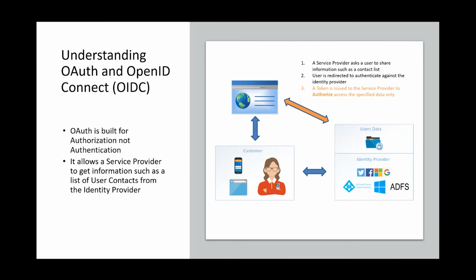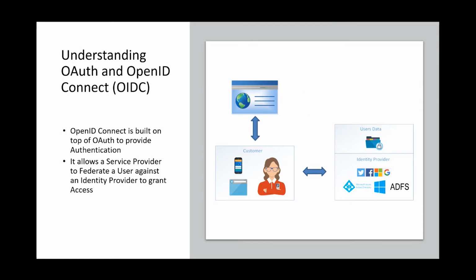It's not for authentication. And the problem that happened was people liked OAuth, liked how convenient it was, and they were writing custom code to use OAuth for authentication, not authorization. And so we ended up with a lack of standardization in the industry.